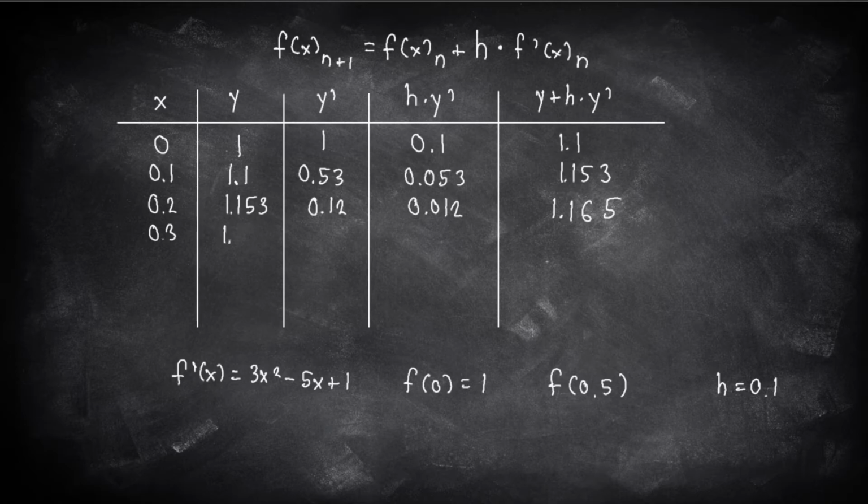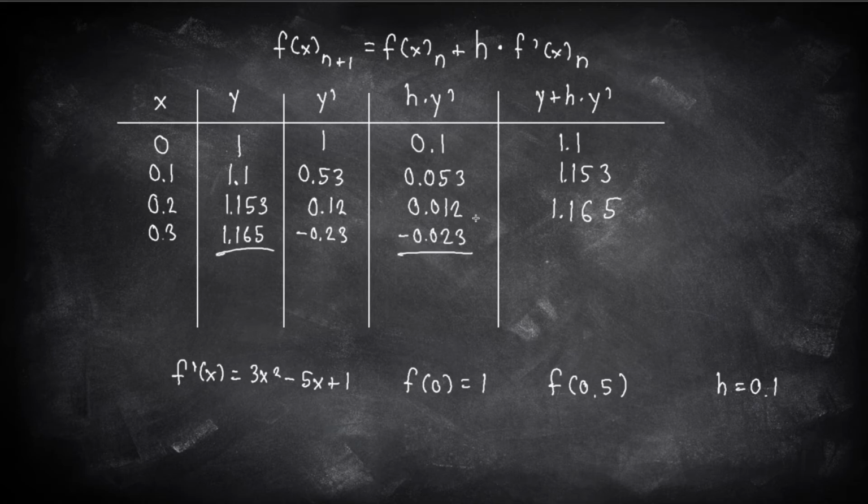Your y is 1.165, and then plug 0.3 into your equation to get your derivative, and that gives us negative 0.23, and then negative 0.23 multiplied by our stepping size 0.1 is negative 0.023.